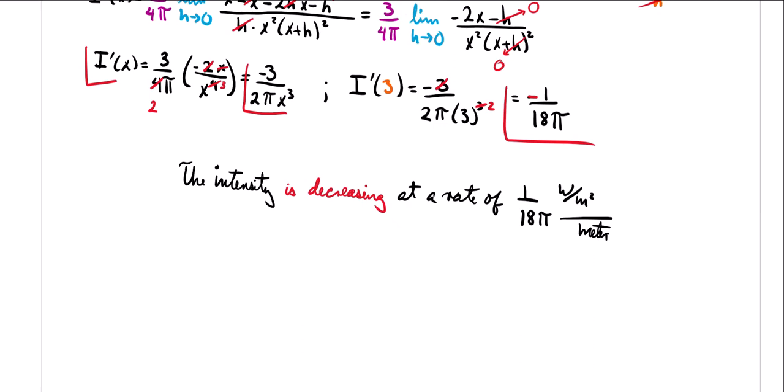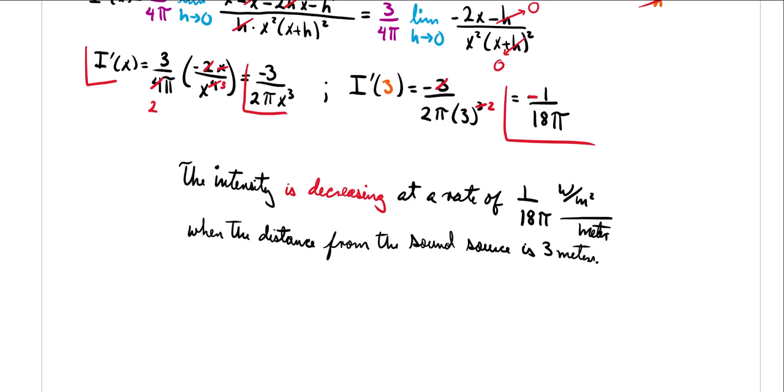If you've been to a concert, if you're really close to the sound source, it's really loud; the farther away you get from the sound source, it's not as loud anymore. Okay, so we have here that the intensity is decreasing at a rate of 1 over 18 pi watts per meter squared per meter when the distance from the sound source is 3 meters.